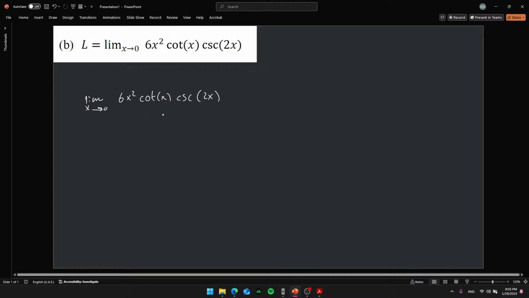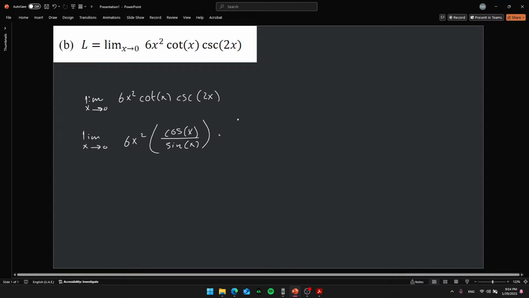If you go ahead and plug in 0, let's rewrite it first because I can't plug in 0 in the calculator. I don't have cotan or cosecant. So cotan is cosine x over sine x, right?